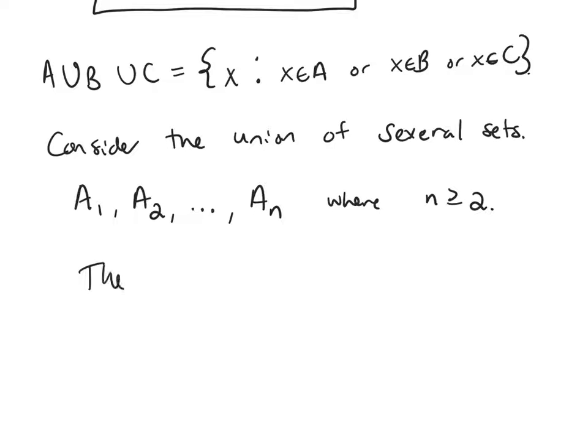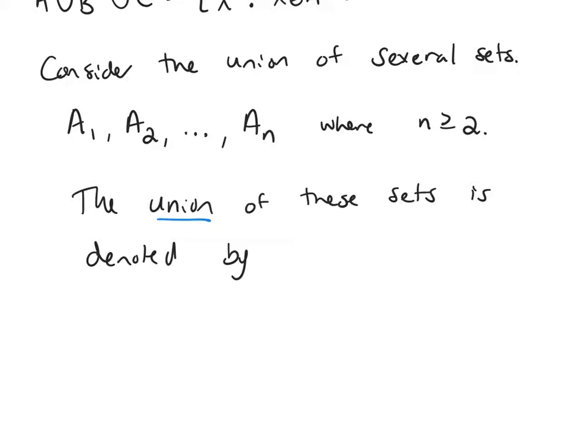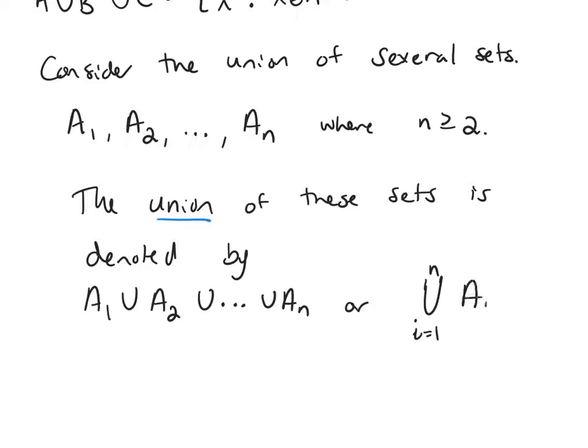The union of these sets is denoted by A1 union A2 union ... up to An. Or another way you can denote this instead is just with a single union symbol, i equals 1 to n of Ai.